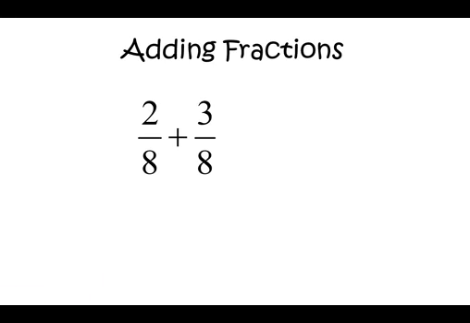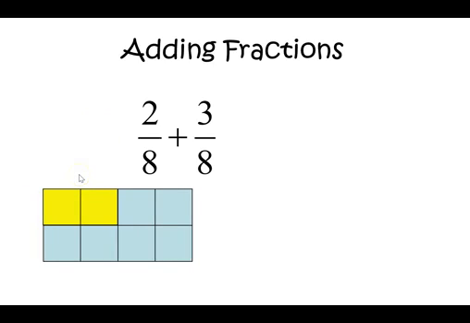Roger that. All right, here comes another one pulling into the station. 2/8 plus 3/8, and we want to get the sum. Well, we're dealing with eighths again. 2's and 3's are different numbers. So we want to add the numerators, and the denominators stay the same. Pretty simple here.